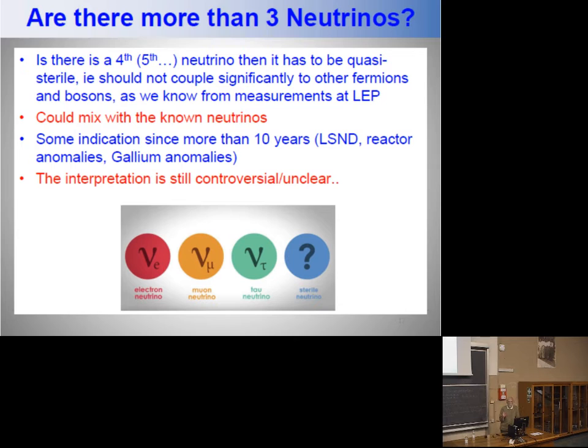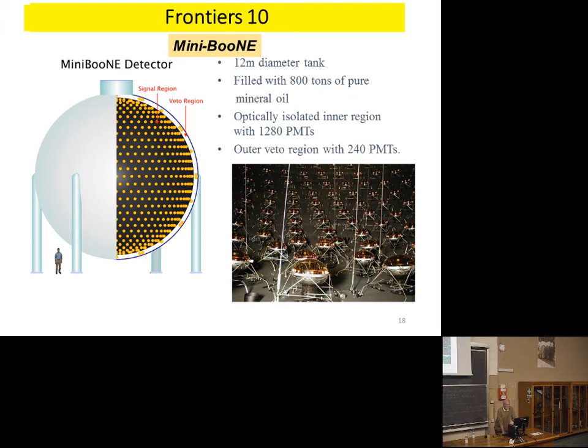So I don't want to leave you with a clean picture that there's only 3. We don't really know. There's only 3 of the kind that we're talking about, that's for sure. So there's an experiment which sees another kind of neutrino. I talked about it briefly before, but I'm going to mention it again.